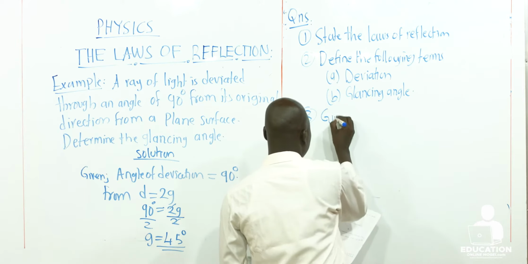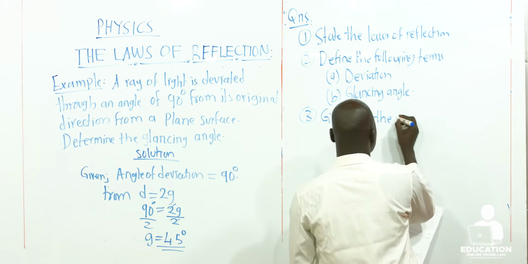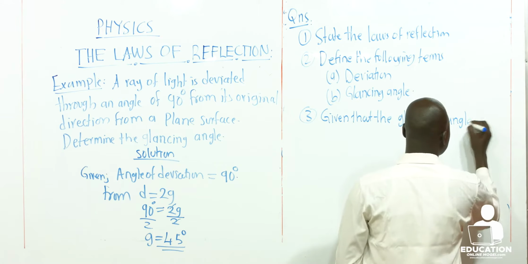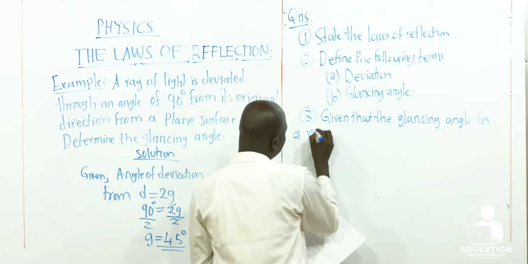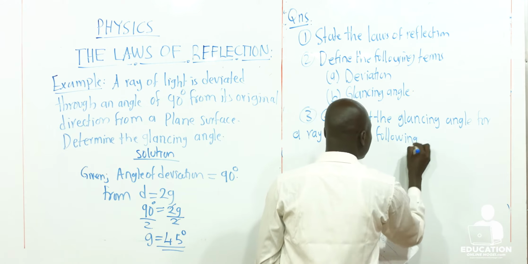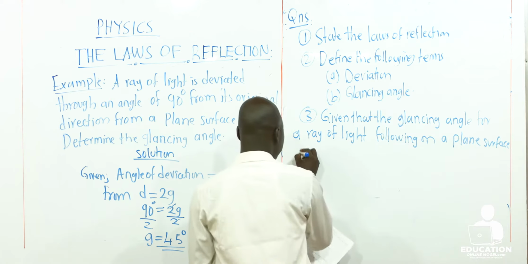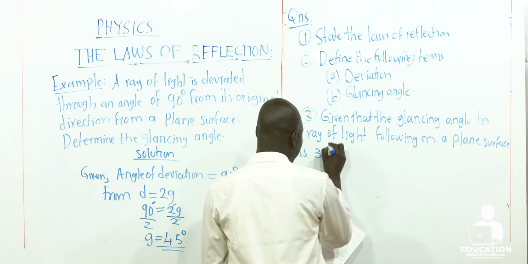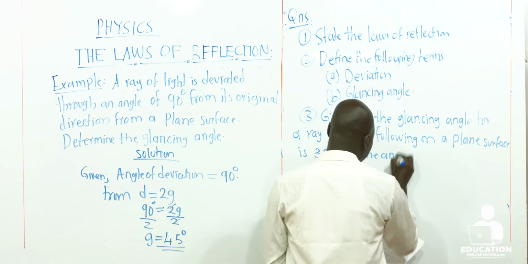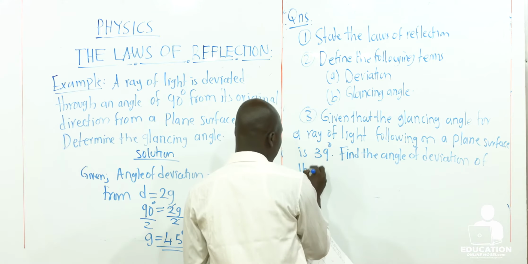Given that the glancing angle for a ray of light falling on a plane surface is 39 degrees, find the angle of deviation of the plane surface.